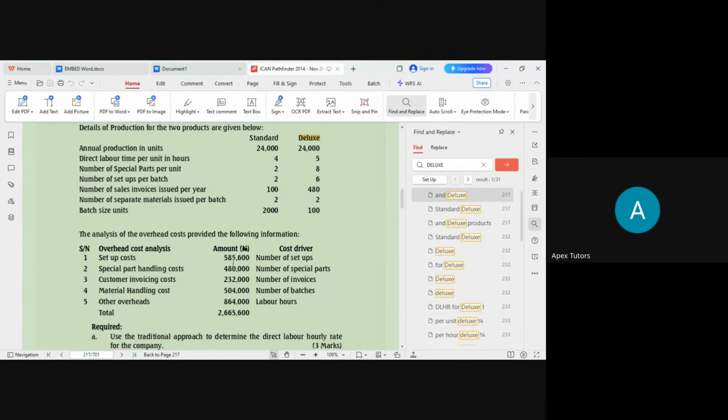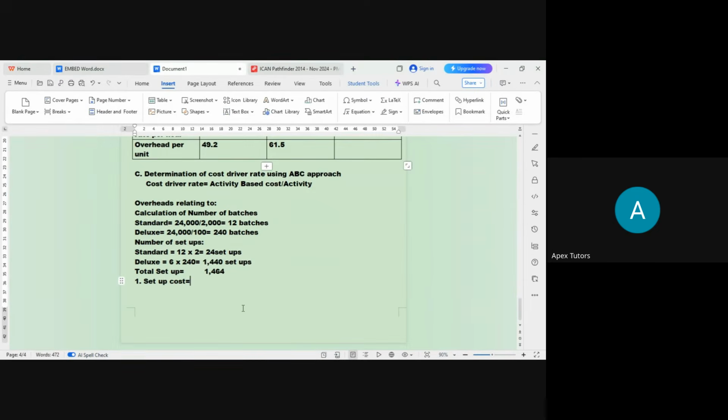It will be 585,600 divided by the number of setups. So setup cost is 585,600 divided by what?